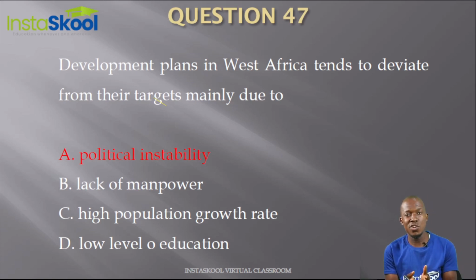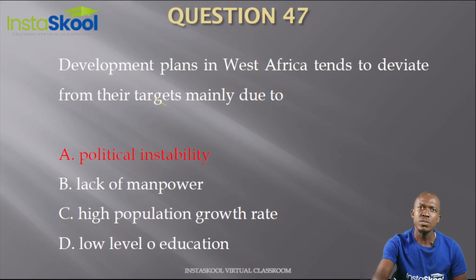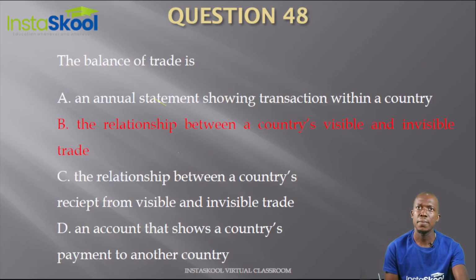And this new government will start their own, but will not be able to finish it. And there will be another change of government, and the new government also would not finish their plan. So that has been one major problem of development plans in West Africa. So our correct answer is option A, political instability.